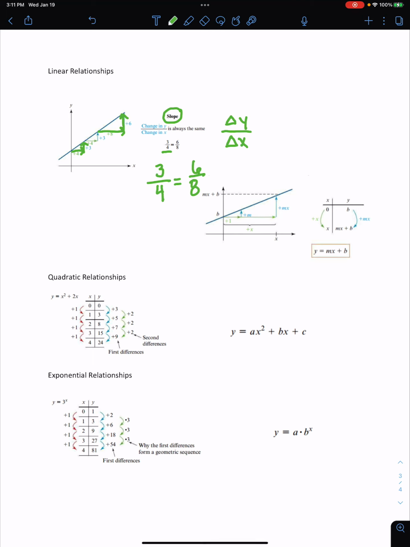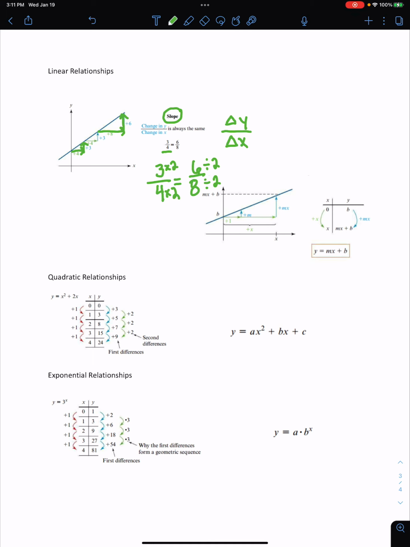And if we remember our fractions, we know that we can divide 6 by 2 and divide 8 by 2, and we'll get 3 over 4. Likewise, we can multiply 3 by 2 and multiply 4 by 2, and we get 6 over 8. So these are equivalent fractions. This means that our rate of change is still consistent. So our slope always has to be the same for a linear relationship.